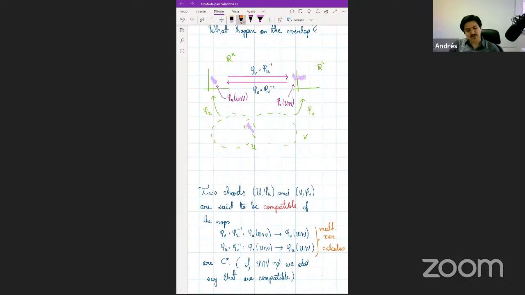Okay, so I have a topological space, I have charts, and those charts are compatible if they don't intersect. In that case, I don't have anything, but that's fine. But when they have points in common, these two functions must be smooth.